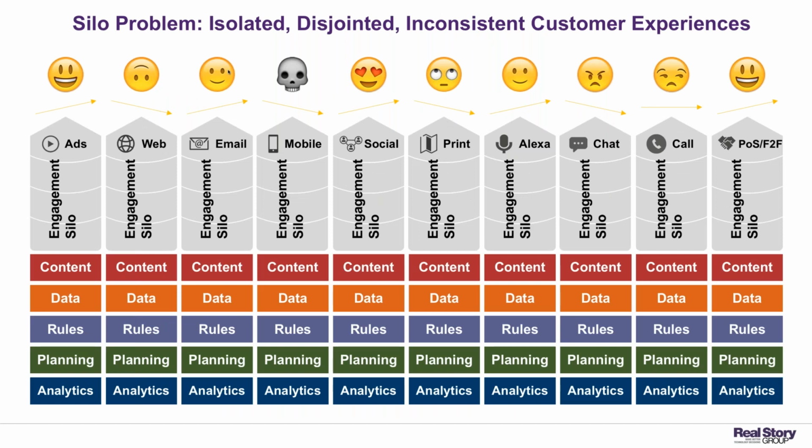However, while that's the goal, what's happened is over time, we've developed a number of engagement silos where that content, data, rules, planning, analytics that we all strive to achieve, we've put those things, or at least are storing those things and working on those things, in these silos.